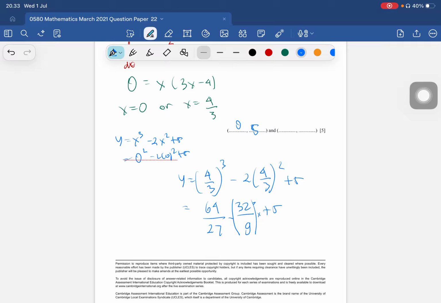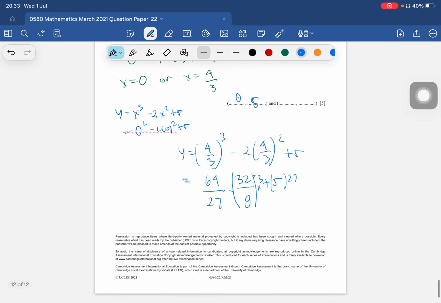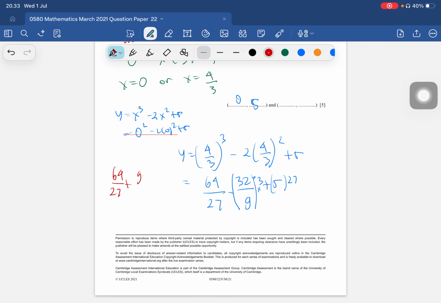Here we multiply by 3 and by 27. I will write it here: 64 over 27 plus 32 times 3 is 96 over 27, plus this 5, 5 times 27, so we get 135 over 27.